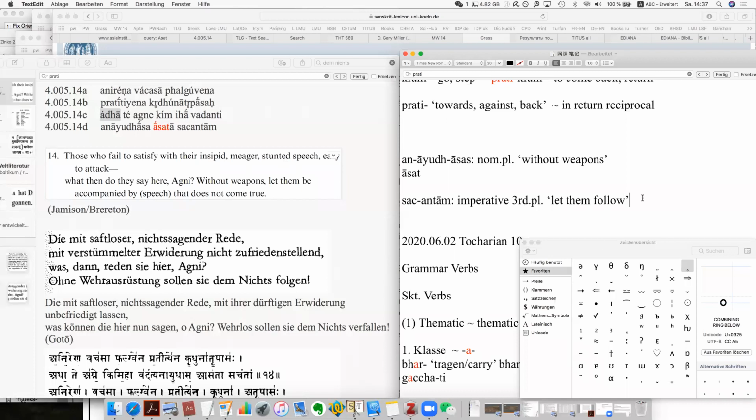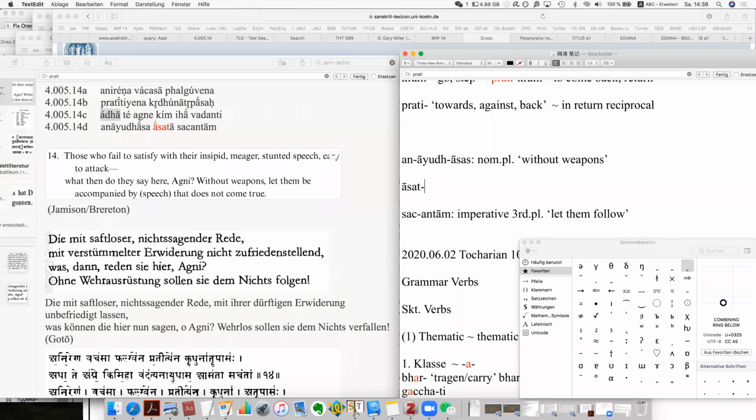And then follow what? So follow means to be together with something, right? So that's why we have here instrumental. So this is instrumental singular of nothing. Yeah, this is actually nothing. Asat, not existing.